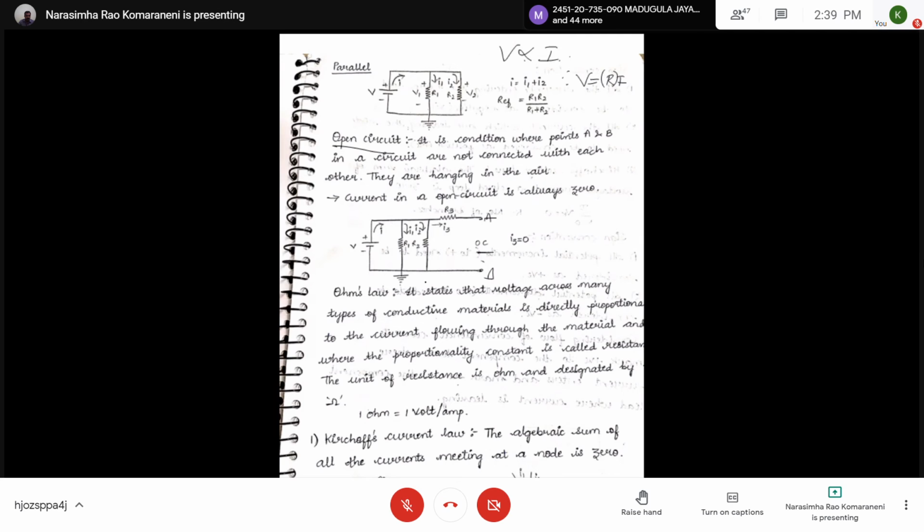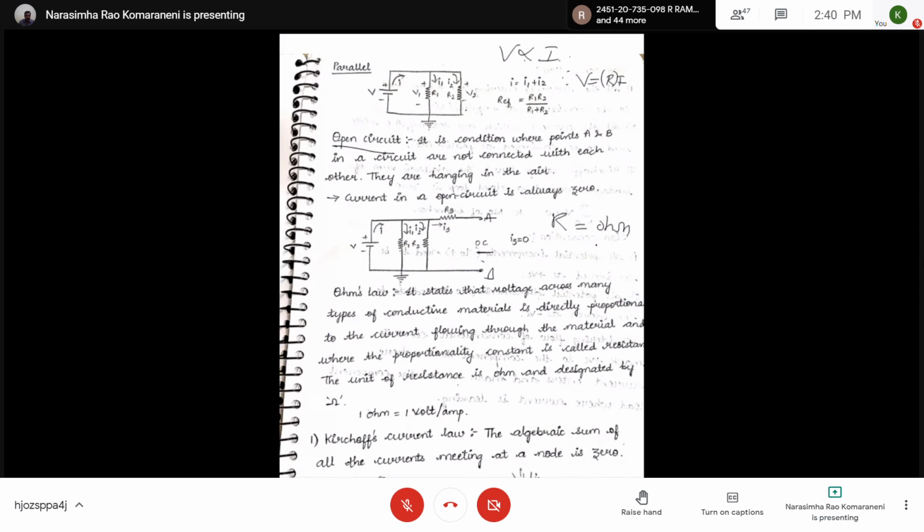Ohm's law states that the voltage across any conductive material is directly proportional to the current flowing through it. That is, V is directly proportional to I. So we can write this as V equal to IR. Here the proportionality constant is called the resistance. The unit for resistance is ohms.